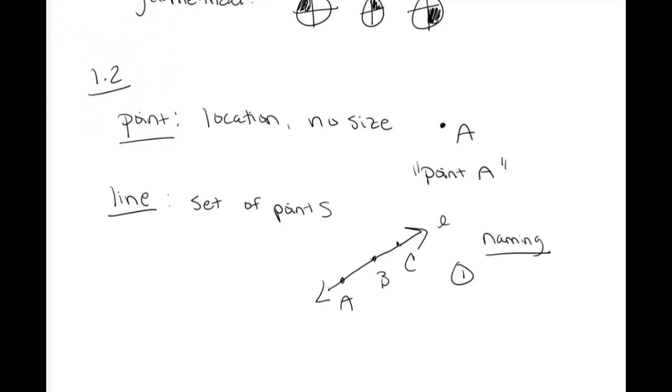We can name this line AC, because those are my two end points here. Or we could name it line L. So if you use the points, you need to use the end points here. And if there's a little lowercase letter, you could also name it that way. Sometimes there is, sometimes there's not, but that would be two ways that we could name a line.